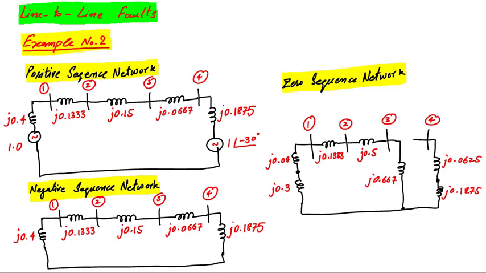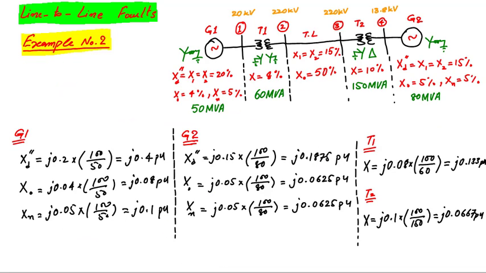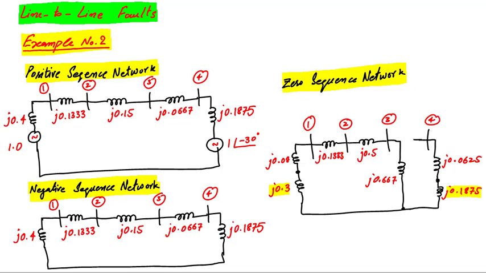These are the 3 sequence networks for the given system. Positive, negative and zero sequence impedances have been shown on the diagram. Now this is 3 times the zero sequence grounding impedance, and this is 3 times the zero sequence grounding impedance. All other values are as given on the previous page. Here these values have been substituted in this diagram.